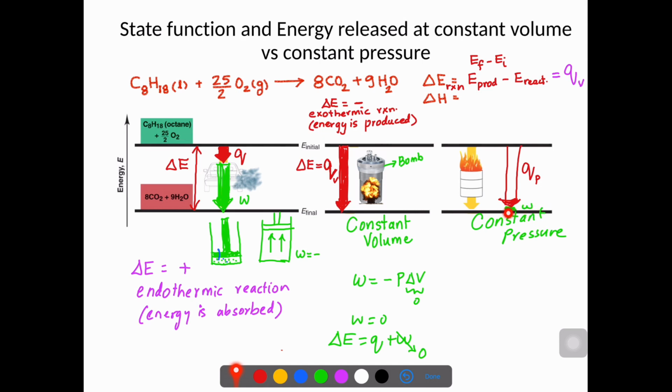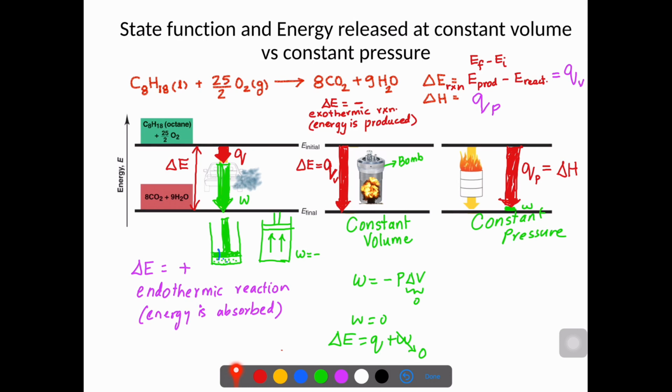So the amount of heat released at constant pressure is what is important, okay? And this portion is called enthalpy change. This is your enthalpy change of the reaction. So enthalpy change is nothing but heat absorbed or released by the reaction at constant pressure, which is more useful because most of the time you do reactions at constant pressure, not constant volume.